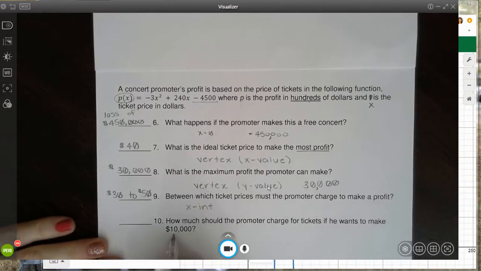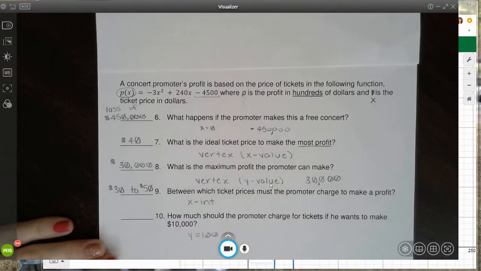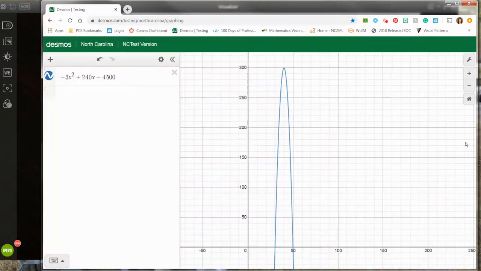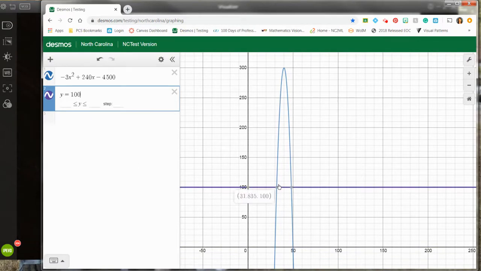So here if I want to make $10,000, I'm looking for a y value of 100. So I'm going to come back to Desmos, and that's exactly what I'm going to type in, y equals 100. And now you can see these 2 points of intersection. That would give me an output value of 100, which means my profit is 10,000.